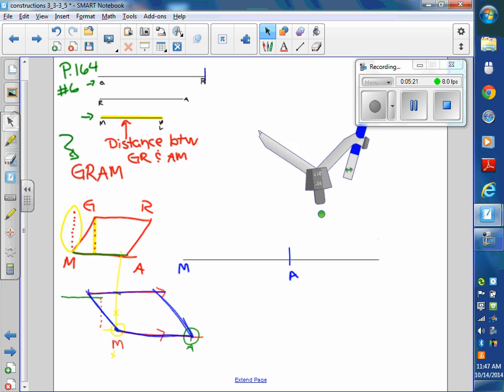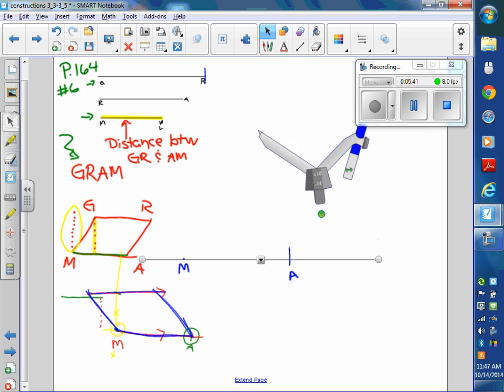Now I'm going to make a perpendicular. So again, you can extend this past. Before I do that, I can put a little point here, and I can extend my line. There we go.